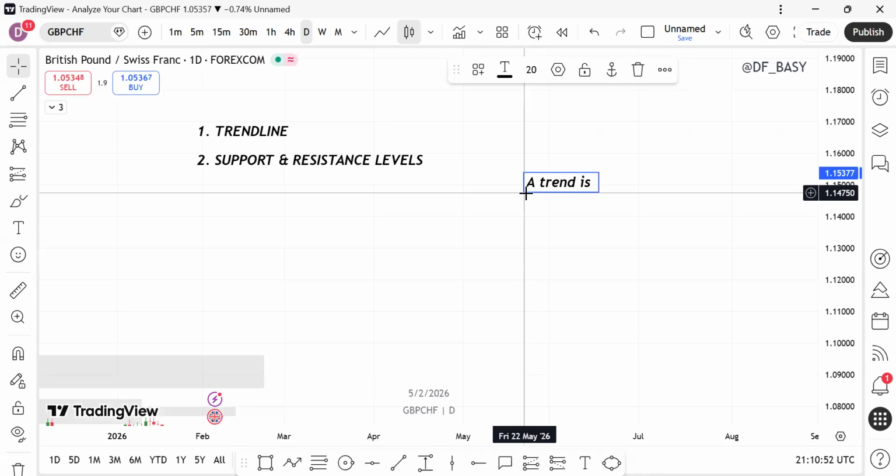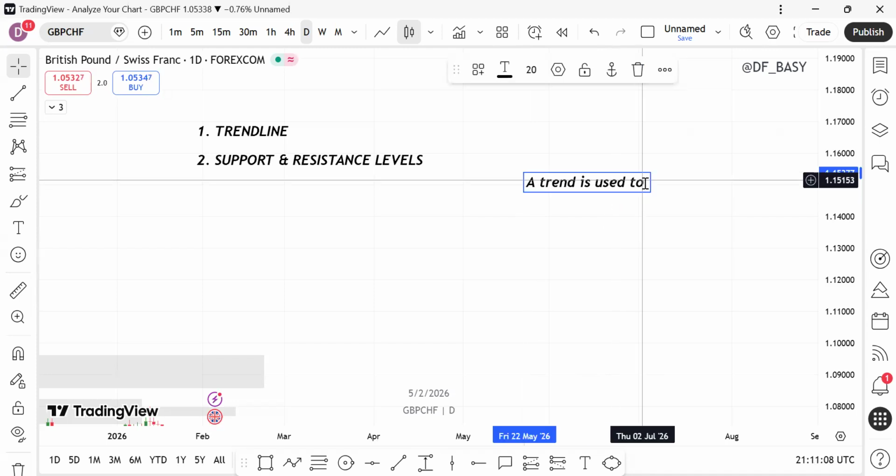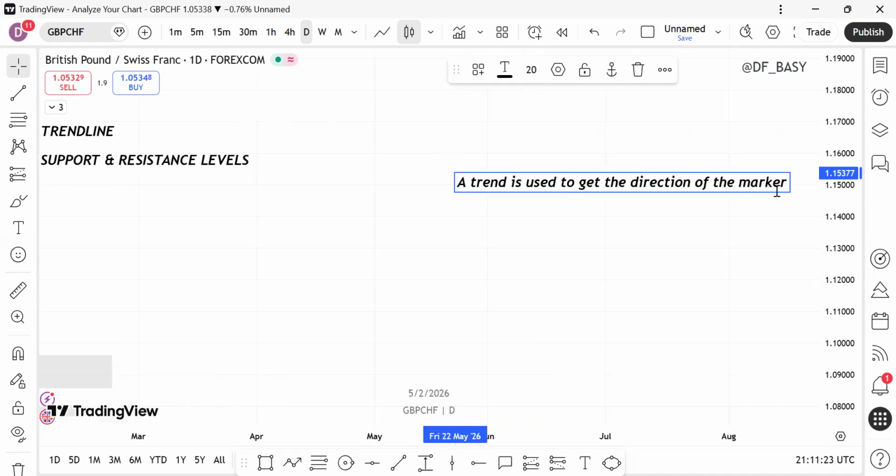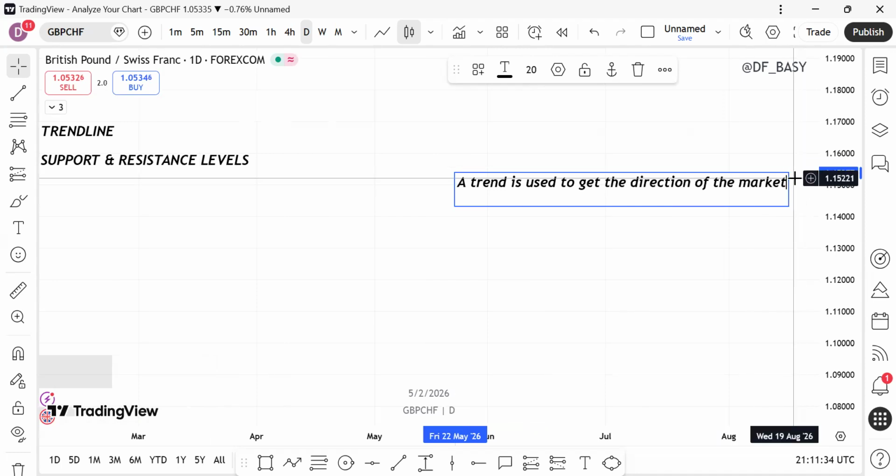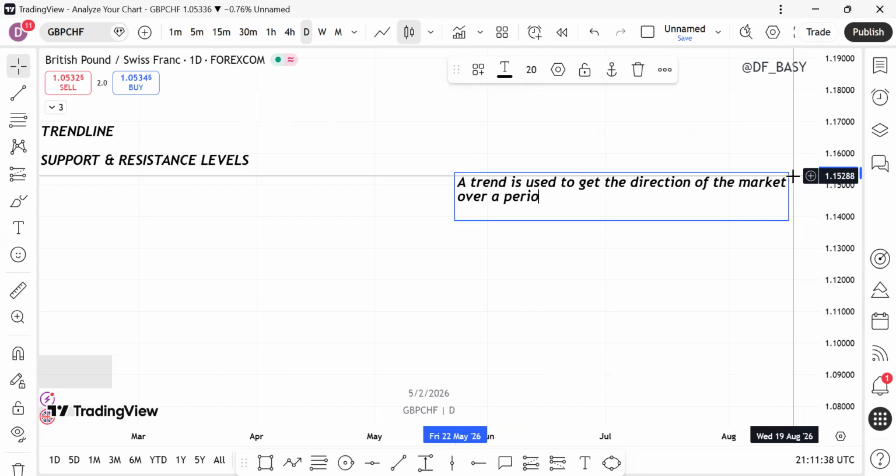Trend line is used to get the direction of the market for a period of time, right?